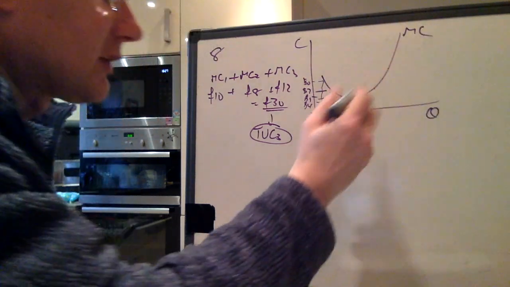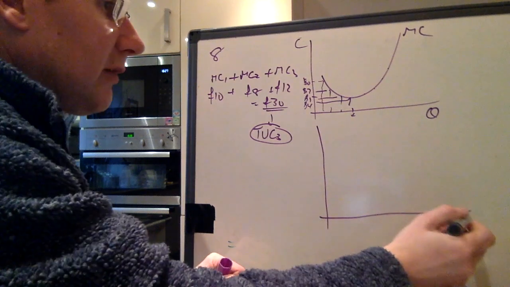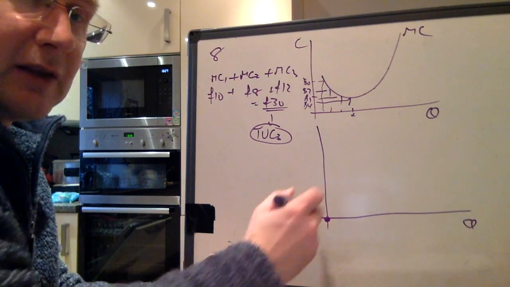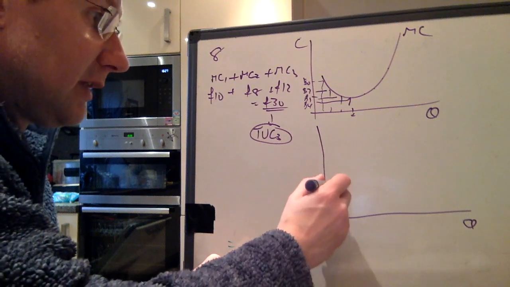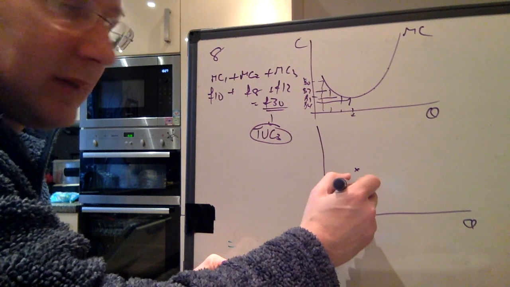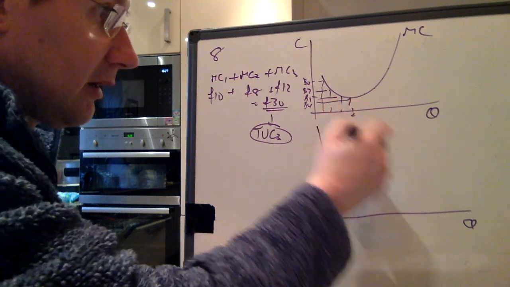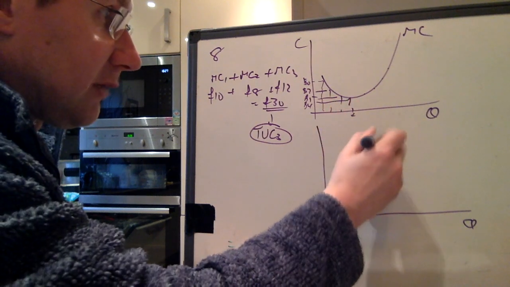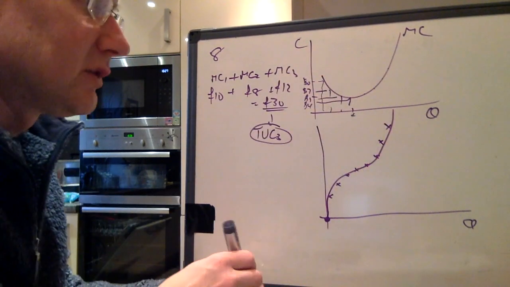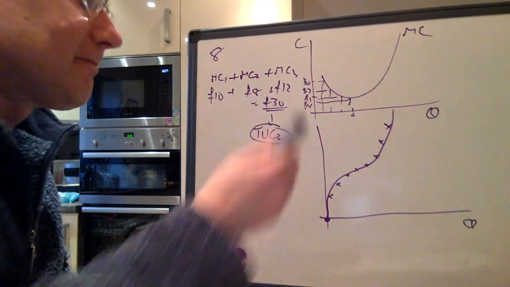It's going up faster and faster. And the way we show that, obviously, if you make no units, you've got no variable costs. To start with, it goes up quickly, a bit less quickly, a bit less quickly, and then it starts going up faster and faster and faster. So you'll end up with something that looks like that, which gives you the right answer of A.